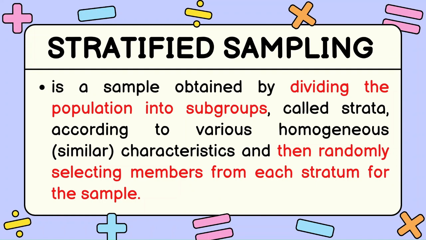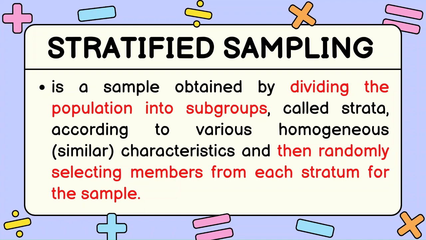Now, the third type of probability sampling is stratified sampling. Stratified sampling is a sample obtained by dividing the population into subgroups called strata according to various homogeneous characteristics. When we say homogeneous characteristics, those are characteristics that the researcher has seen common to all the participants in a population.